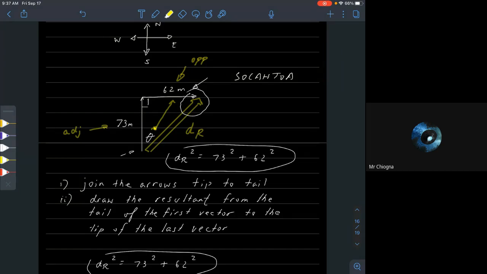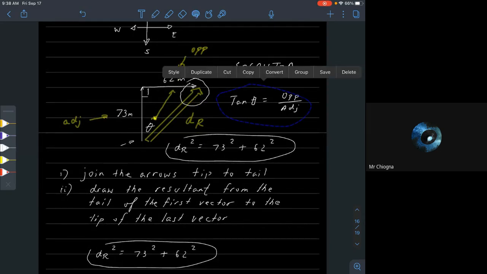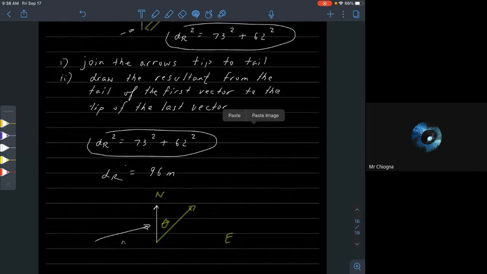You gotta memorize it. TOA, tangent. So tangent of angle is the opposite over adjacent. I don't have enough room here, but I'll get lazy and copy it. I'll put it down here.